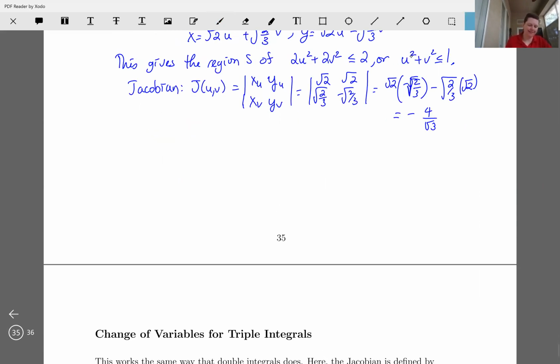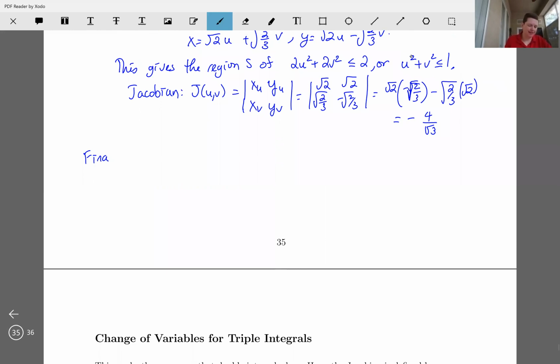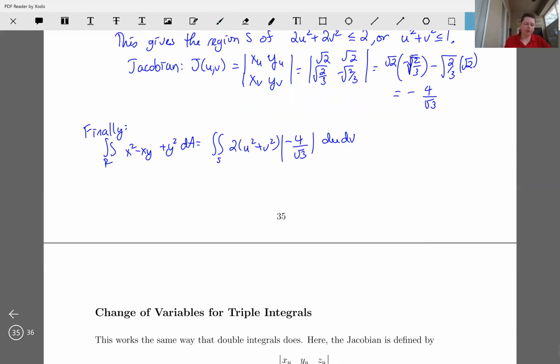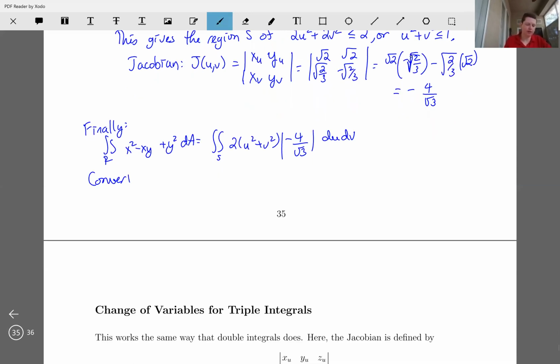Finally, our integral is the much simpler 2 times u squared plus v squared, absolute value of negative 4 over root 3, du dv, and then convert to polar coordinates to compute it.